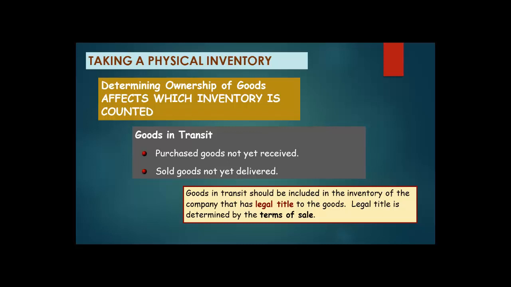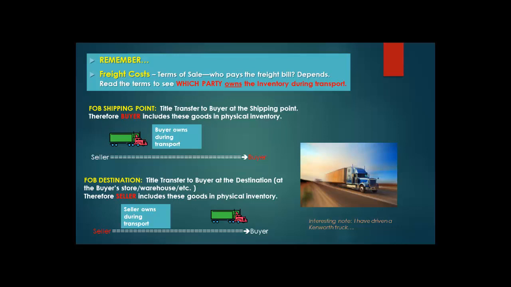Or if they're a return, they're coming from a buyer to a seller. But we're going to talk about the shipment to the buyer. Goods in transit should be included in the inventory of the company that has the legal title. Legal title is determined by the terms of the sale. So remember, we had FOB shipping point and FOB destination.